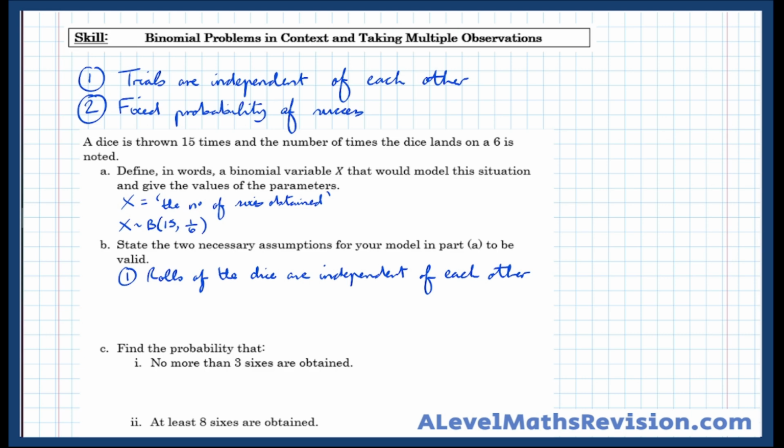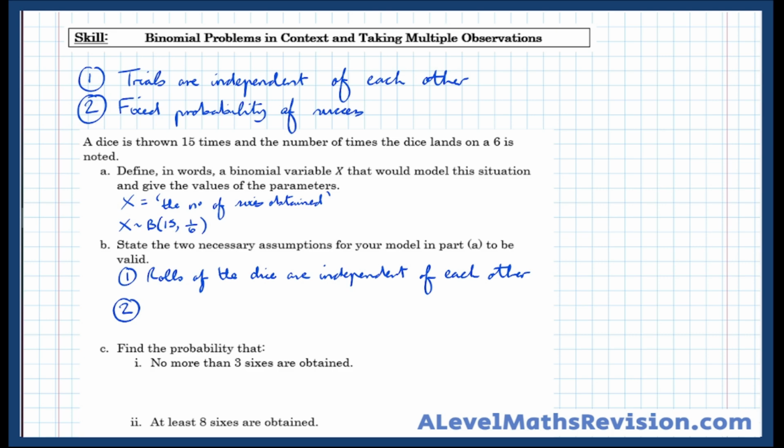Where that wouldn't be the case would be, for example, if the dice was made out of a really soft material and it got a dint in it each time we rolled it. If the shape of the dice changed every time we rolled it, then one outcome would affect the next. However, in a solid dice, that won't happen, so we can assume that the rolls of the dice are independent of each other. And the second one, a fixed probability of success.